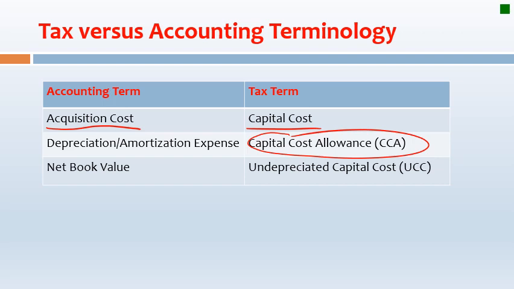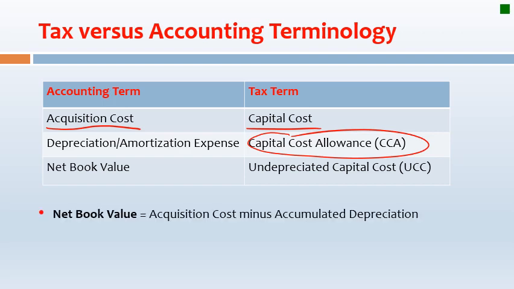But another important difference that we haven't really touched on yet is net book value. So net book value for accounting purposes, the net book value of an asset, versus the undepreciated capital cost for tax purposes. Now, you'll recall from accounting, I hope, that the net book value of an asset is the acquisition cost less the accumulated depreciation up to that point.